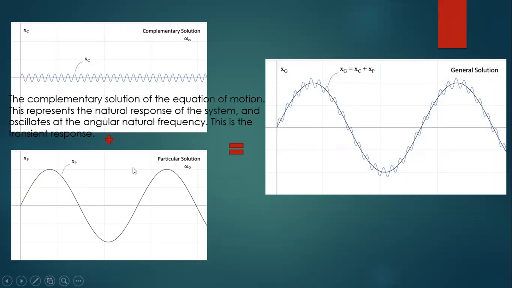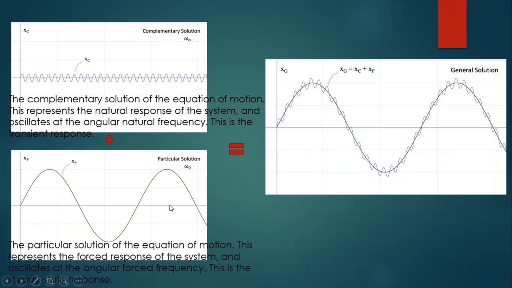The complementary solution of the equation of motion represents the natural response of the system and oscillates at the angular natural frequency. This is the transient response. Next, the particular solution of the equation of motion represents the forced response of the system, and it oscillates at the angular forcing frequency.